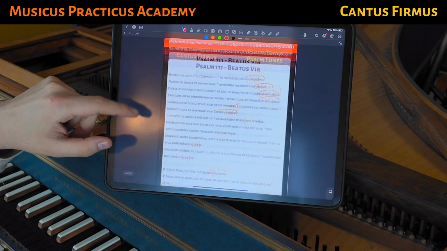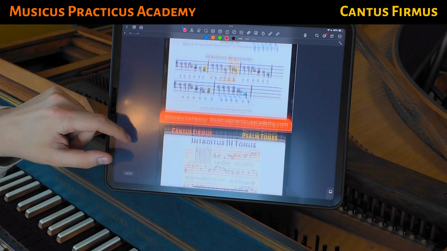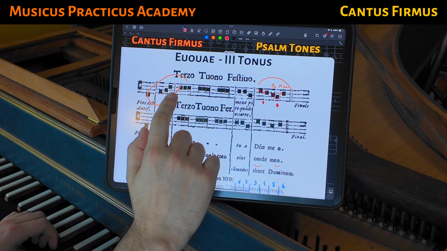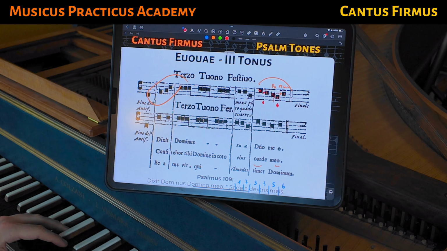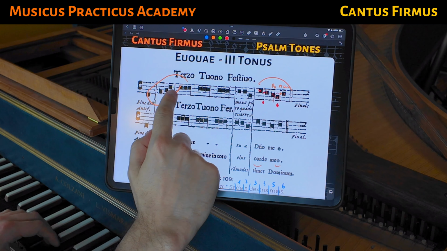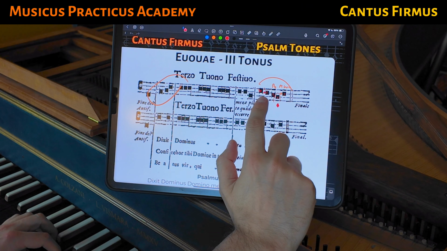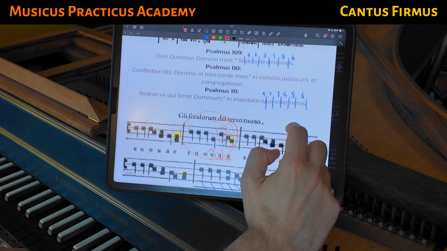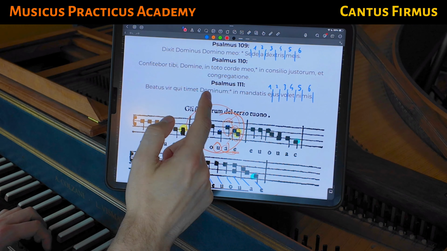Beatus vir, secundus tonus, tertius, third tone. Here it is. Ut re fa. So the repercussio is fa, ce sol fa ut, dixit dominus domino meo. This is the cadenza mediana, and then sedes a dextris meis.